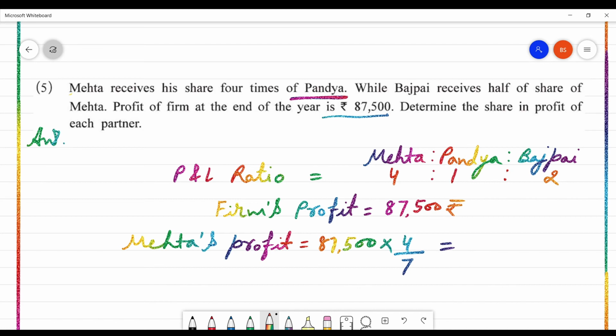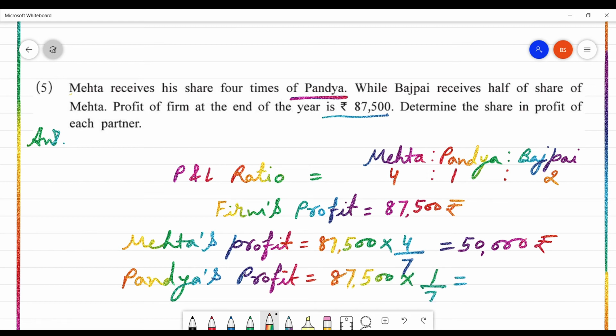It comes 50,000. After that, we will find out Pandya's profit equals 87,500 into 1 divided by 7. It comes 12,500.